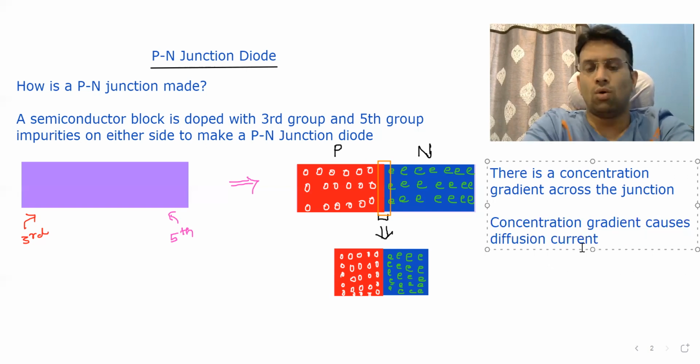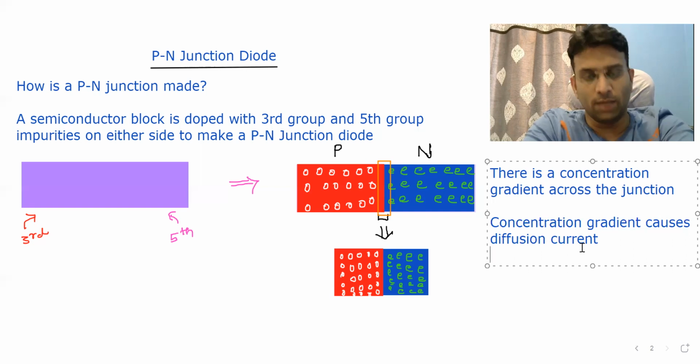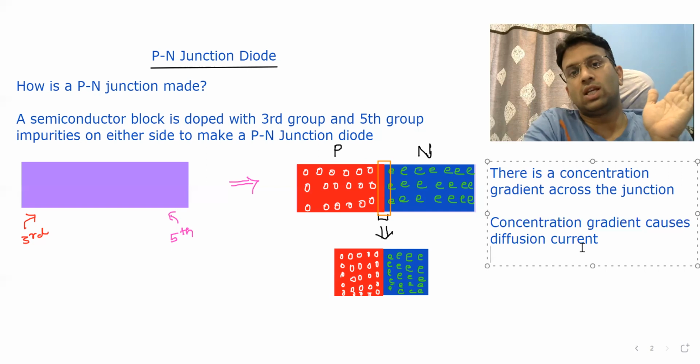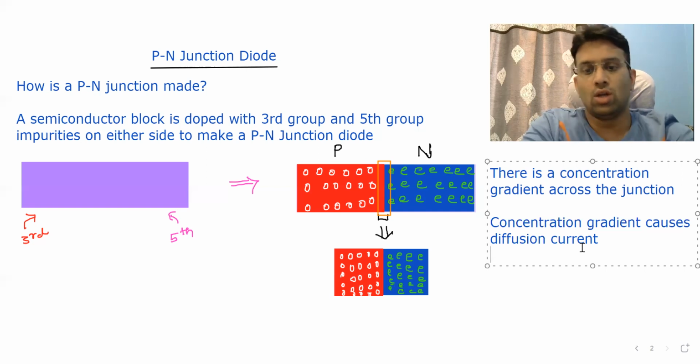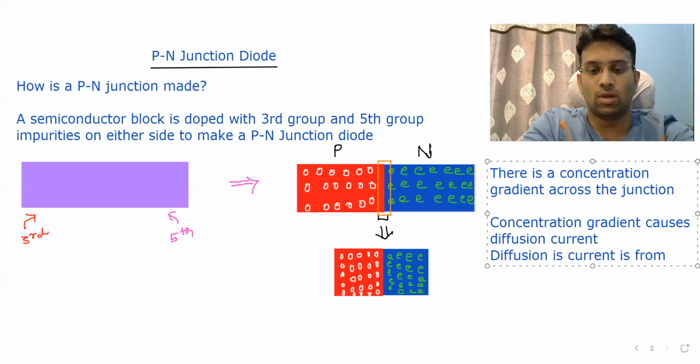As you already know from the chapter of current electricity, if electrons go in one direction, we say the current is in the opposite direction. Current is opposite to the direction of motion of electrons. So diffusion current is from P side to N side. Remember that.